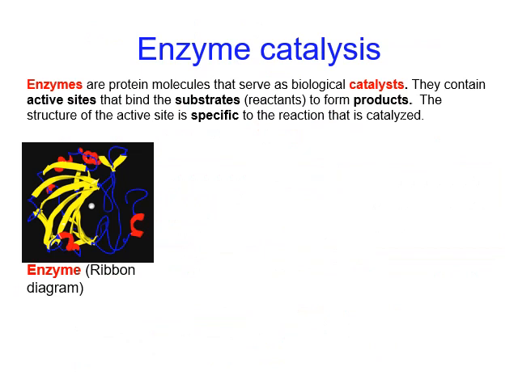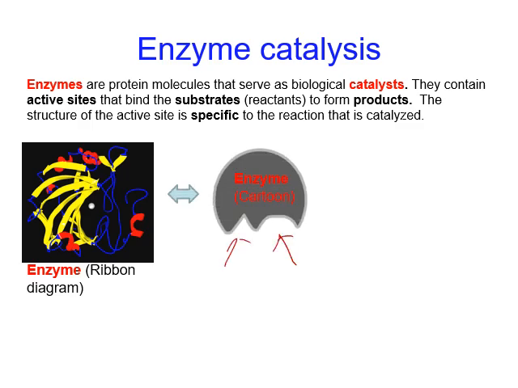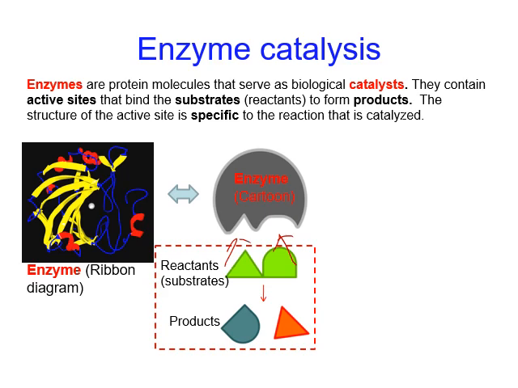One example of biological catalysis is enzyme catalysis. Enzymes are protein molecules that serve as biological catalysts. They contain active sites that can bind the substrate or the reactant. The reactants become activated and they form product. This is because of the particular geometry requirements of the reactants to fit the enzyme's specific active site, and this active site is specific to the reaction that is catalyzed.